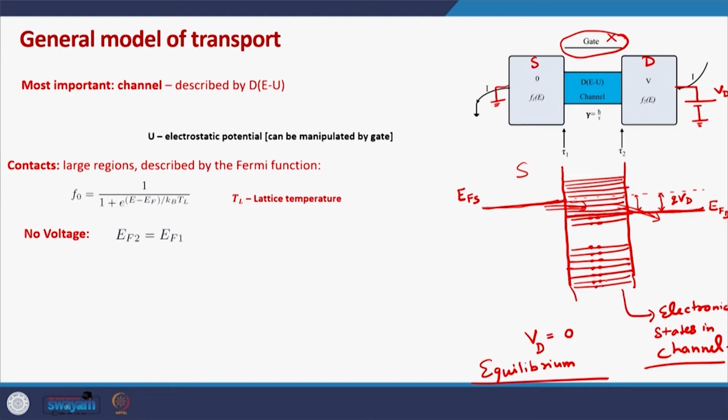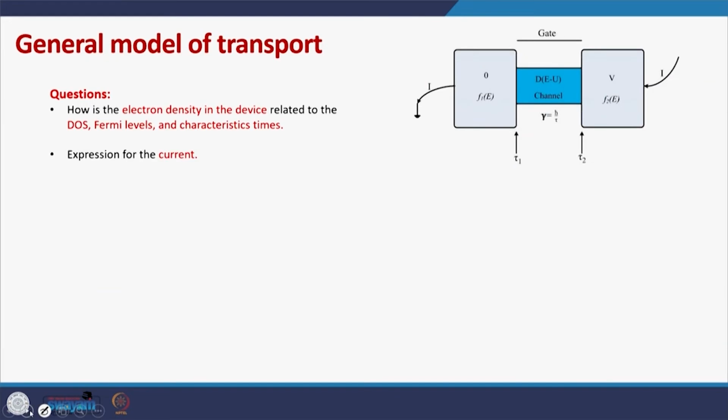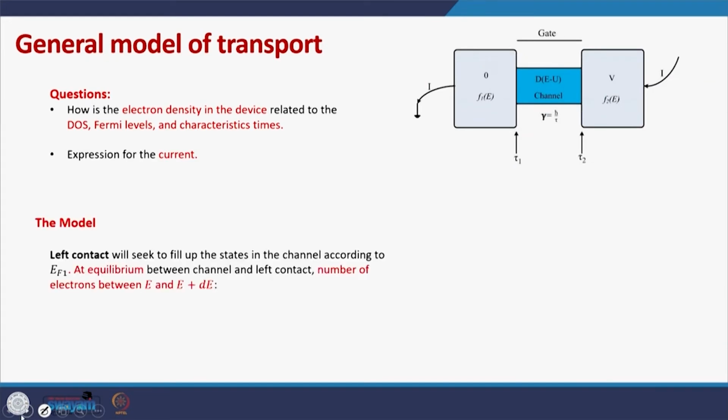Now, let us look at this situation differently. Let us say that this is source, this is drain, this is channel. These are various allowed electronic states in the channel.